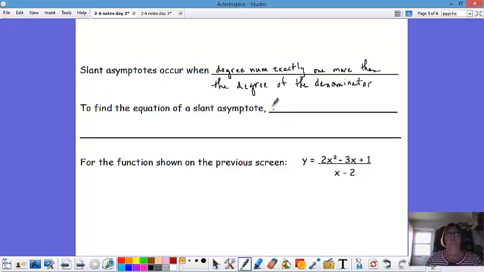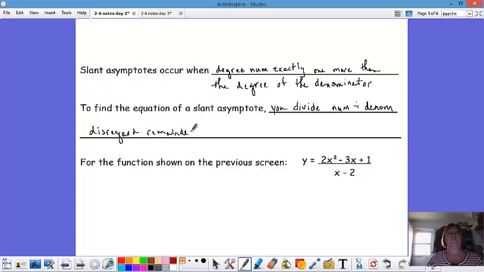To find the equation of a slant asymptote, you divide, folks. You follow what the thing says. Fraction bar means divide. So you divide numerator by denominator, and you disregard any remainder. The remainder is not important for this application, so you disregard the remainder.